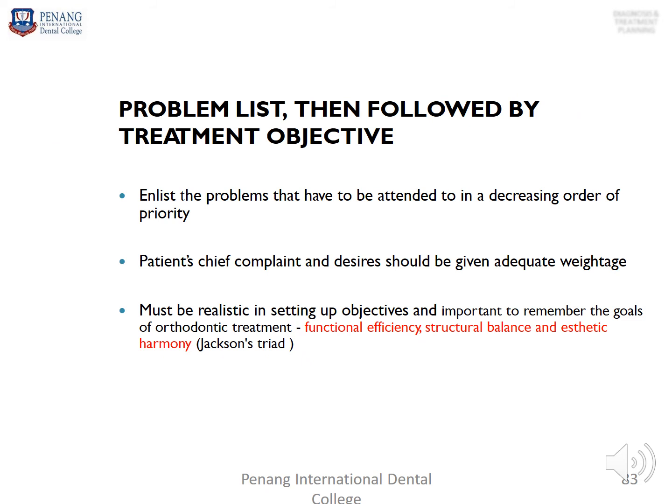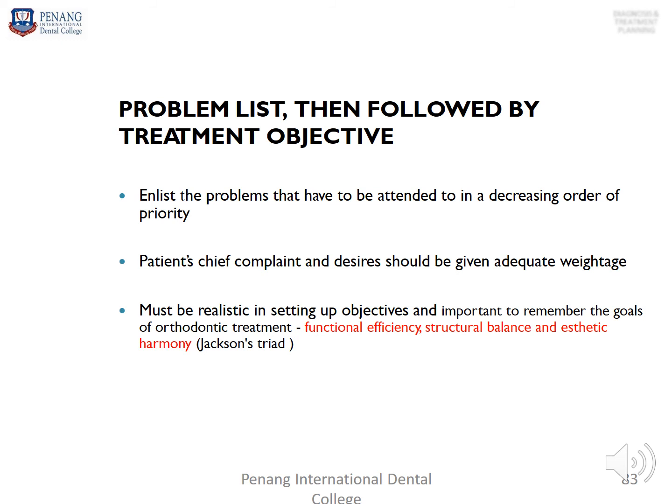Once you do the data collection from the patient history and clinical examination and look at the diagnostic analysis, you can formulate the problem list, followed by the treatment objective based on the problem list. So how will you do the problem list?